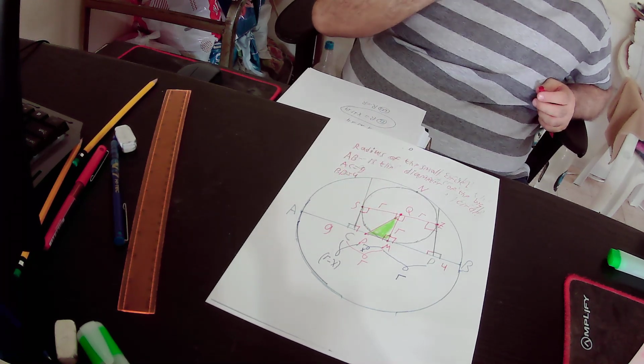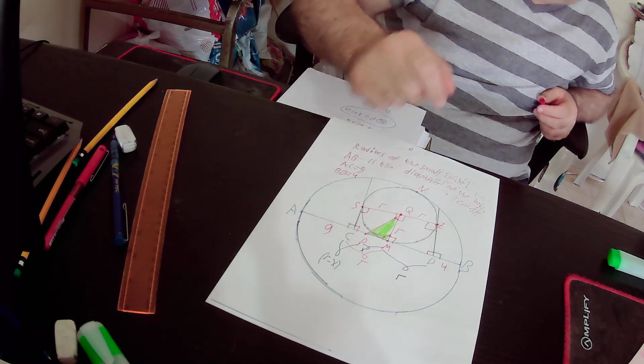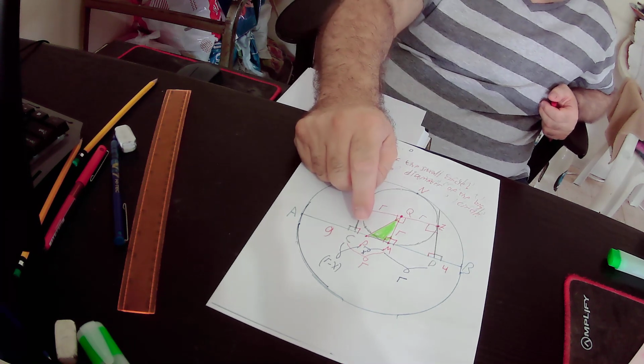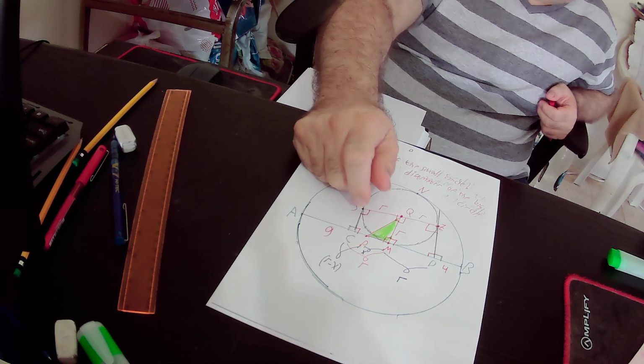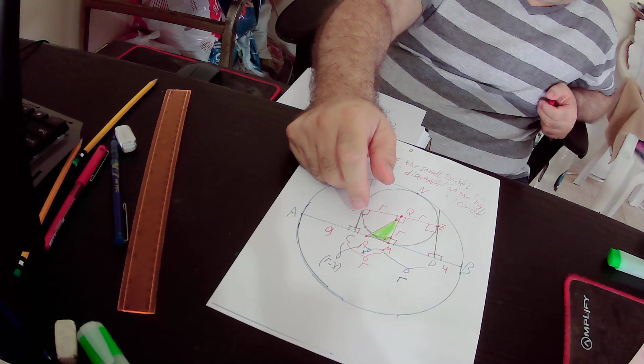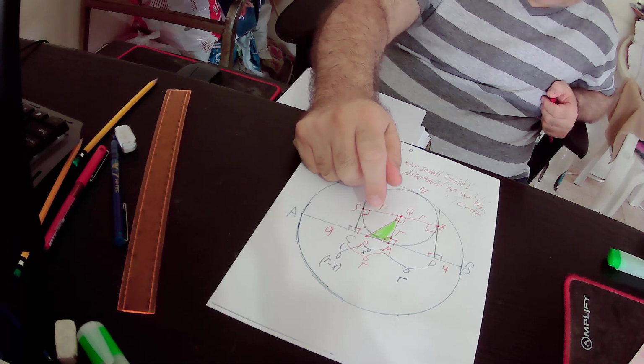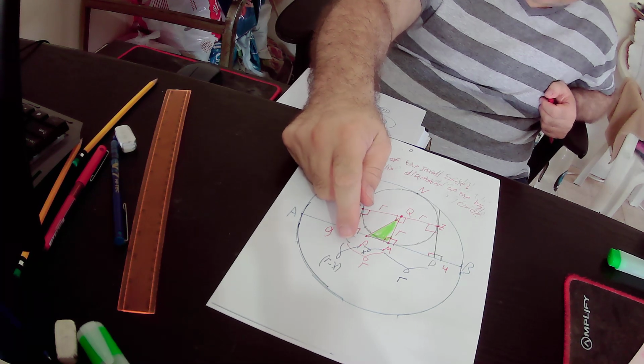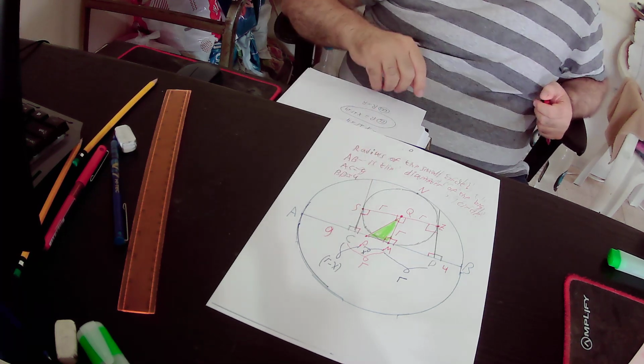Okay, then we defined PM as x, so CP will be equal to CM minus MP, that is, CP equals r minus x.